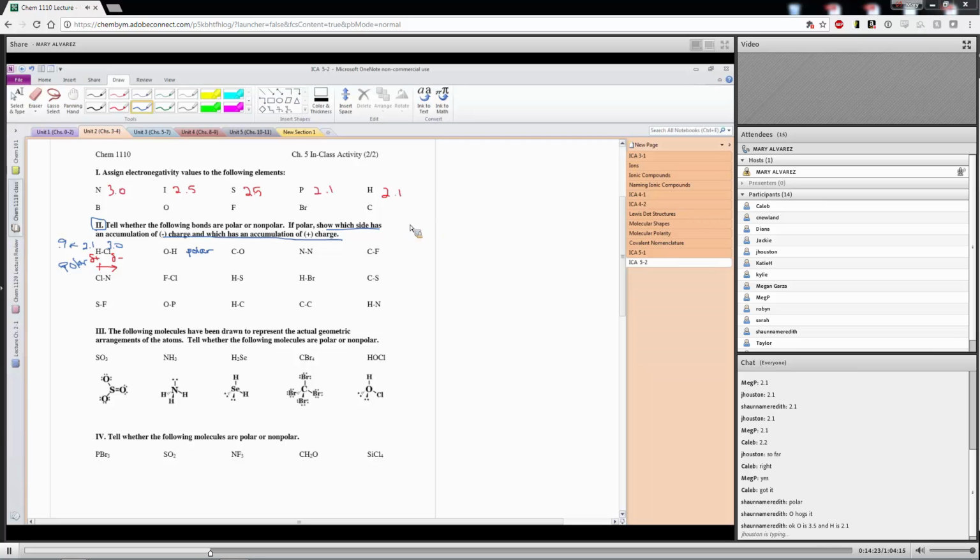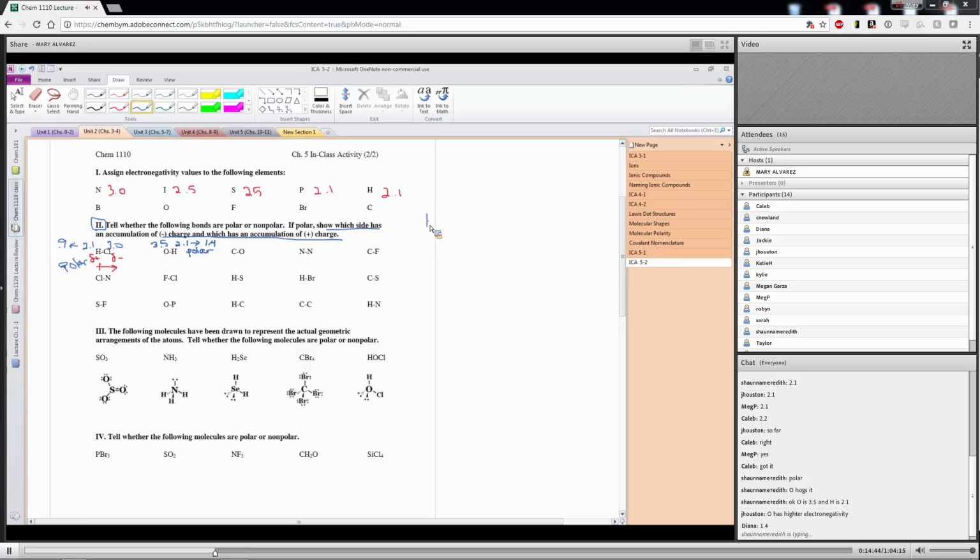You're not wrong, you're totally right. I just want you to explain. Perfect. O is 3.5 and hydrogen's 2.1. Good. And therefore, the difference between the two is 1.4.